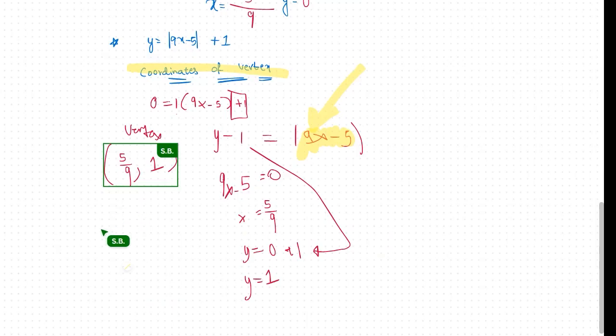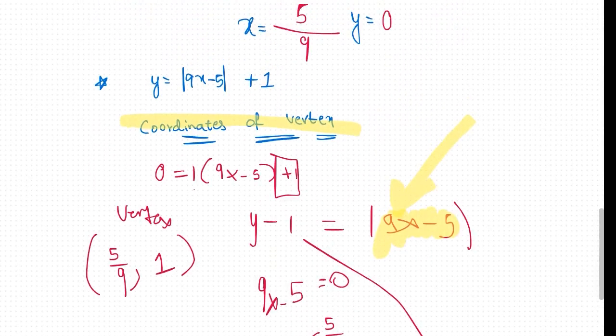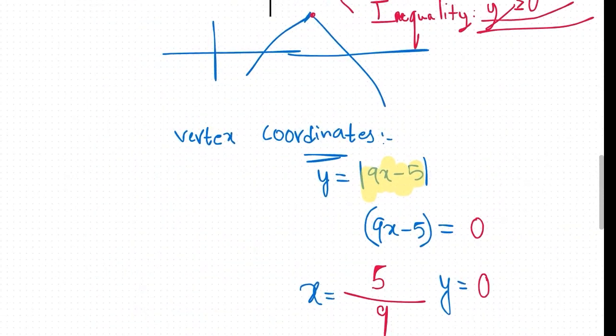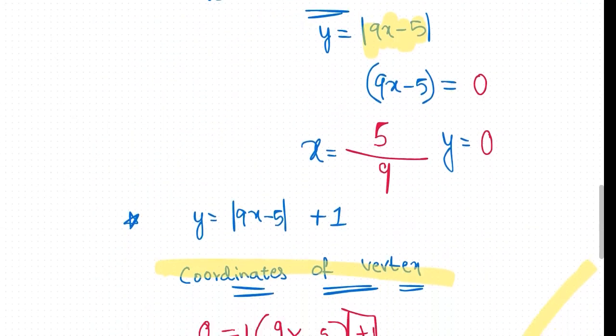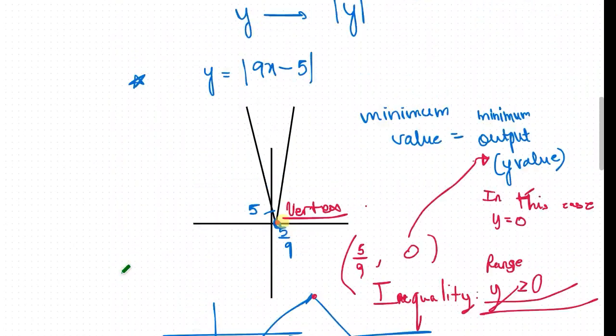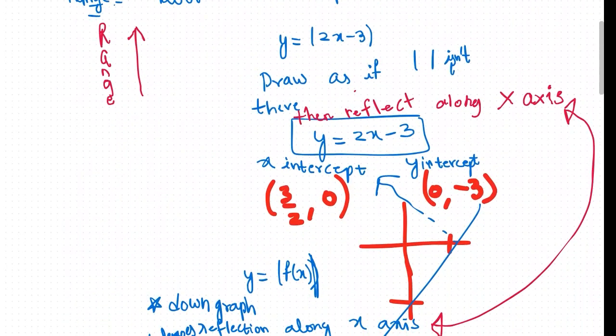So the coordinates of vertex are 5 by 9 comma 1. That is how coordinates of vertex can be formed. Okay. So this is about graphs, domain, range. How to draw graph, how to find vertex, what is vertex. Okay, come to the next page.